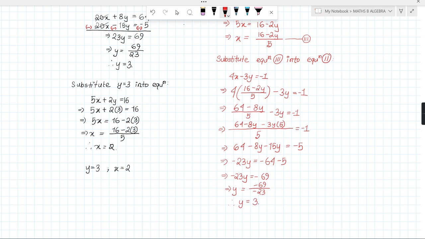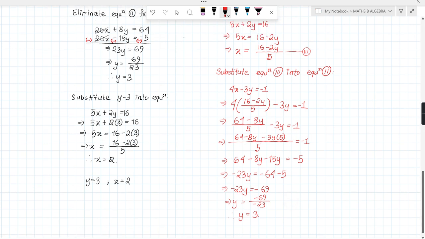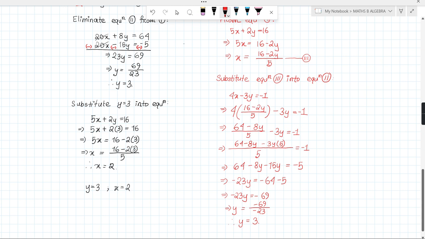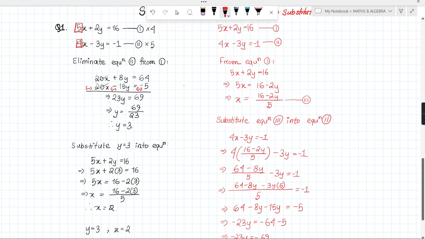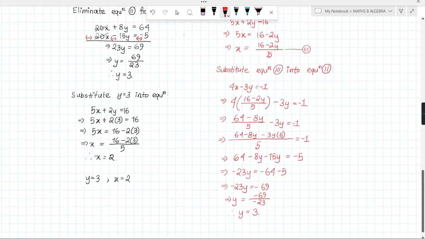This is how you solve for y, and then you input this value into the third equation. You can input the value for y into any of the three equations above, but I am choosing the third equation because in the third equation x is already the subject, right? So we do not need to do any changing of the subject.